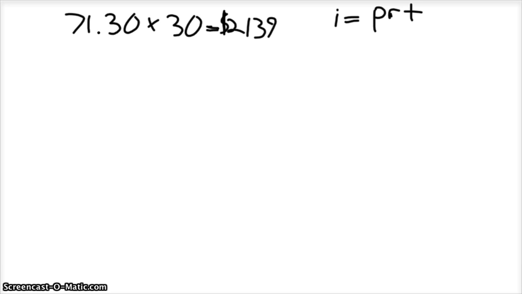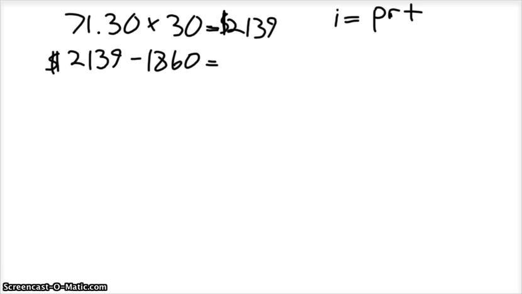Now we've got to figure out, what is the difference? How much interest did he have to pay? So we take our final amount and subtract our original amount. We've got 2139, take away 1860. Here's the reason why we're doing that.